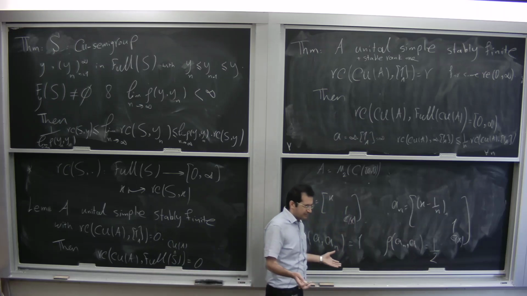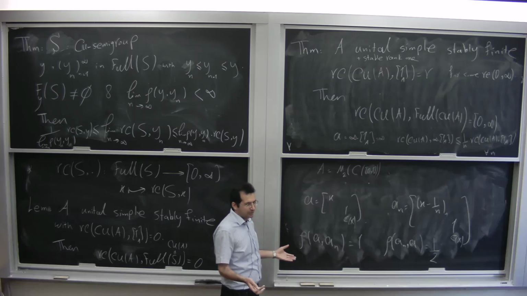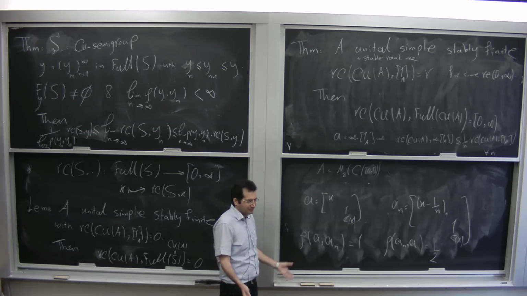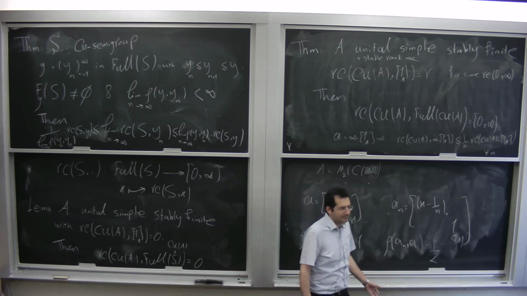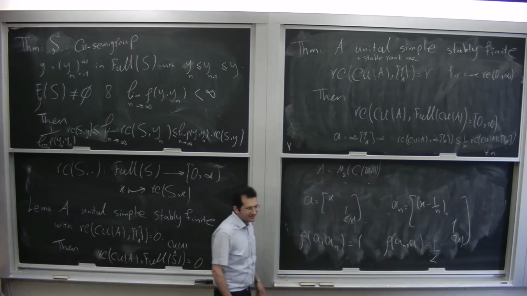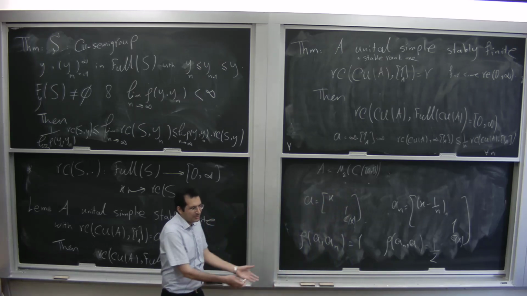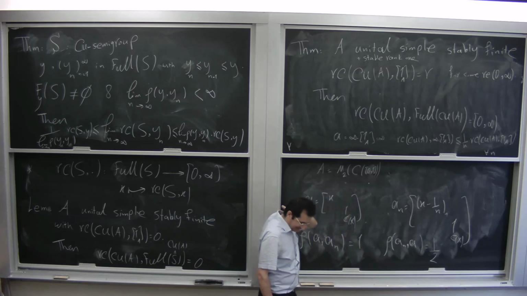What if your C*-algebra is stably projectionless? Isn't it interesting to look up the radius of comparison if you don't have any projection? There are many examples of that.